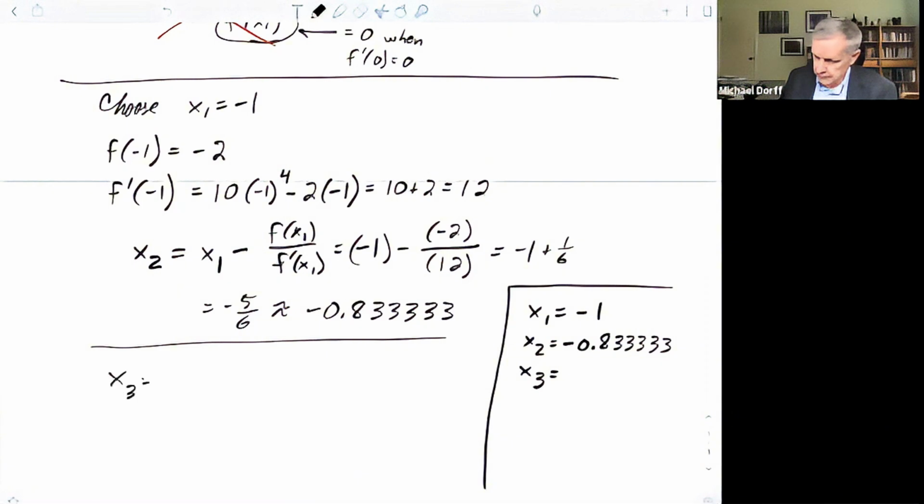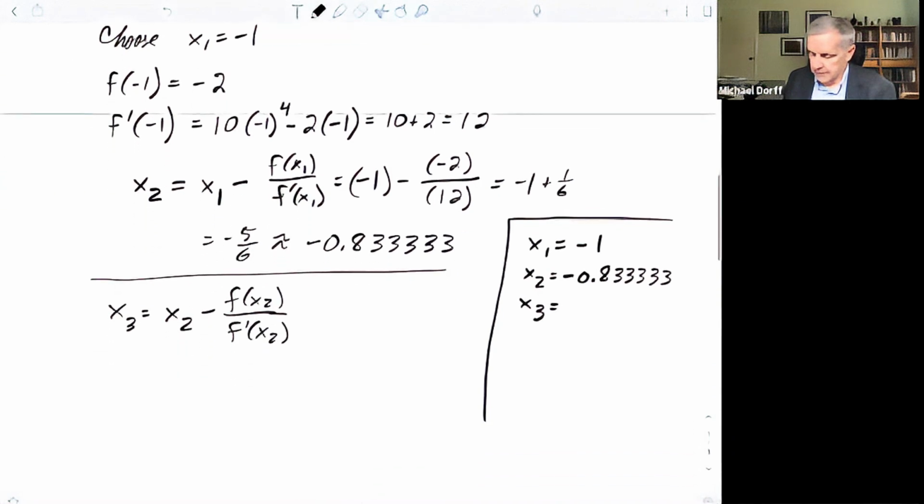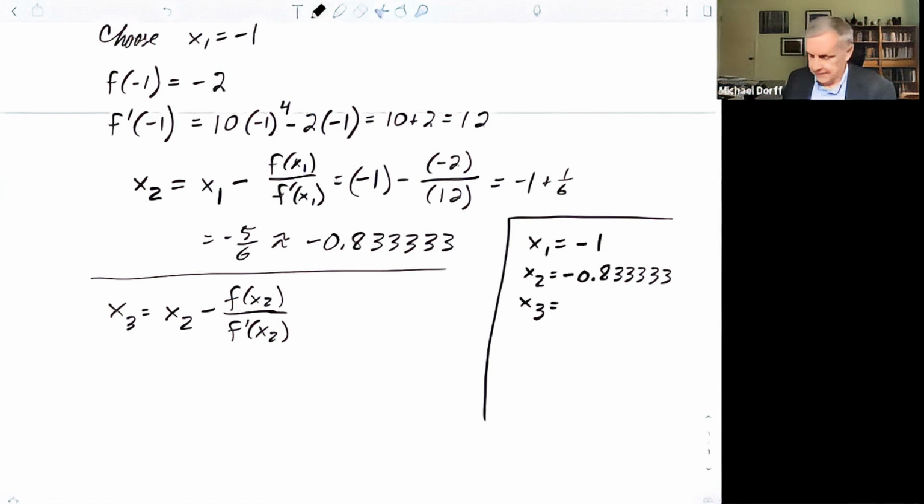x3 is going to equal x2 minus f of x2 over the derivative evaluated at x2. So we need to figure out what f of x2 is and what f prime of x2 is. So f of x2 is going to equal f evaluated at negative 0.833333.